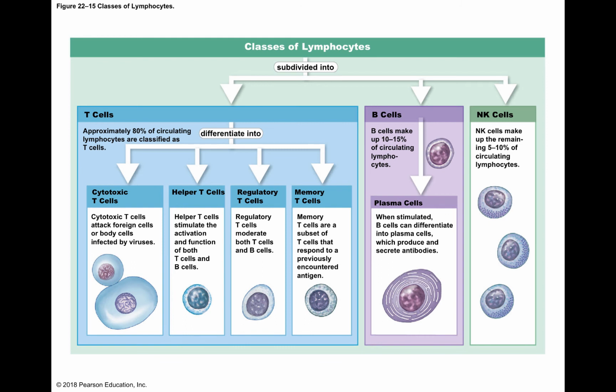Memory T cells are going to hang out until we get the next infection. We have the B cells. B cells will differentiate into plasma cells. They produce antibodies. Antibodies will attack the pathogen, or they can become memory B cells, and again, they're going to wait. And then we have those natural killer cells that were part of the innate immunity.